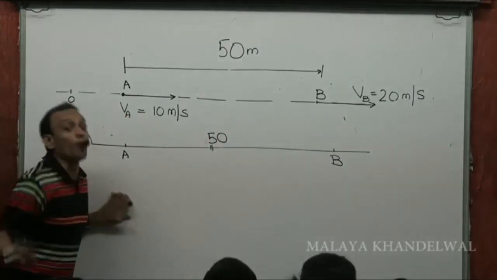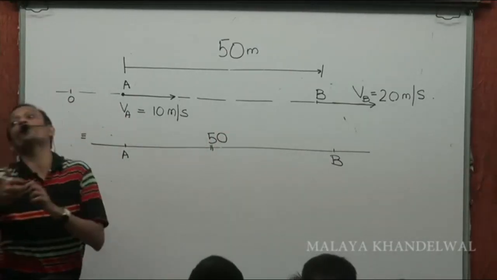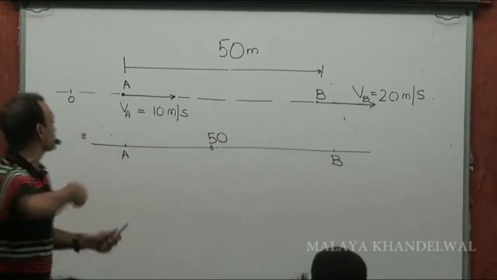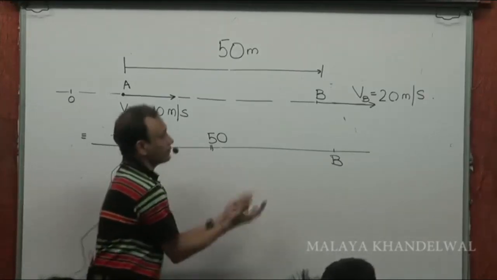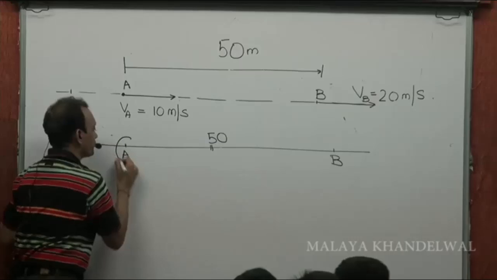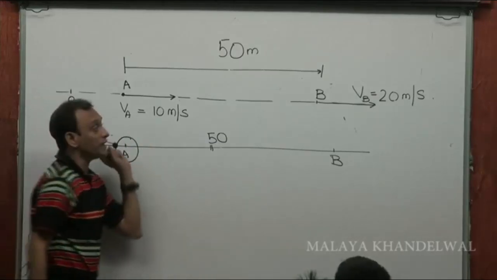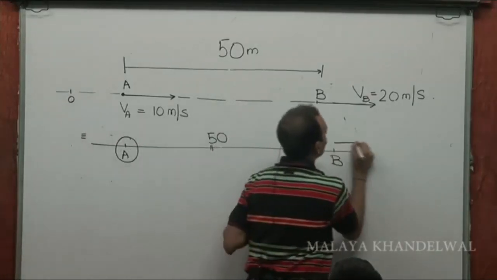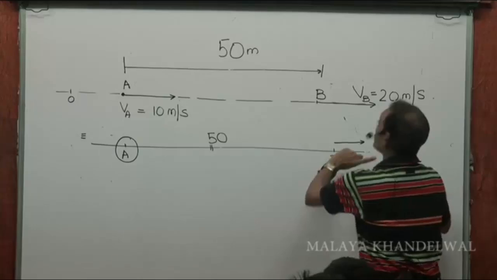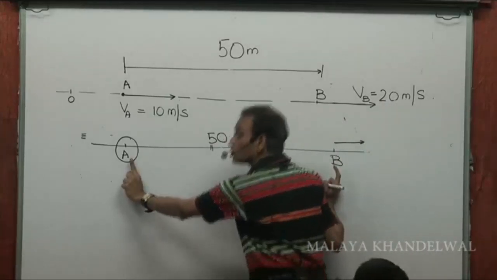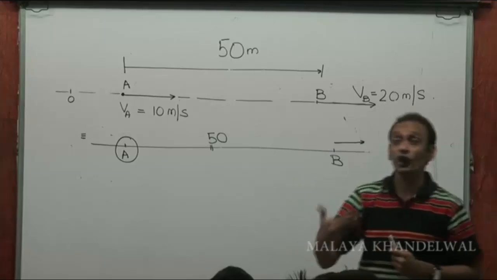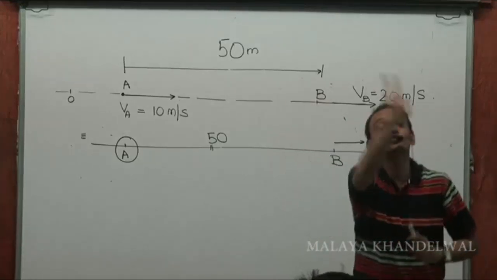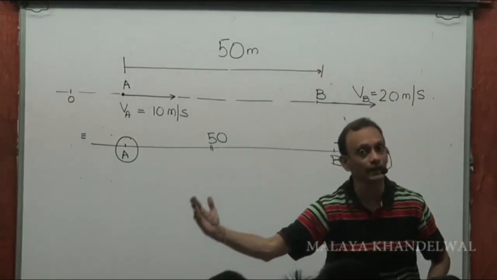And if I look upon A as an observer, that means I'm forcing A to be pinned at its position. I'm forcing A to be pinned at this very position, and that means this is an observer pinned at this position, right? And I'm causing B to move now with a velocity. If A is looked upon as an observer, I would have to remedy the velocity of B. The velocity of B will no longer be VB. It's going to be VB minus VA, right?